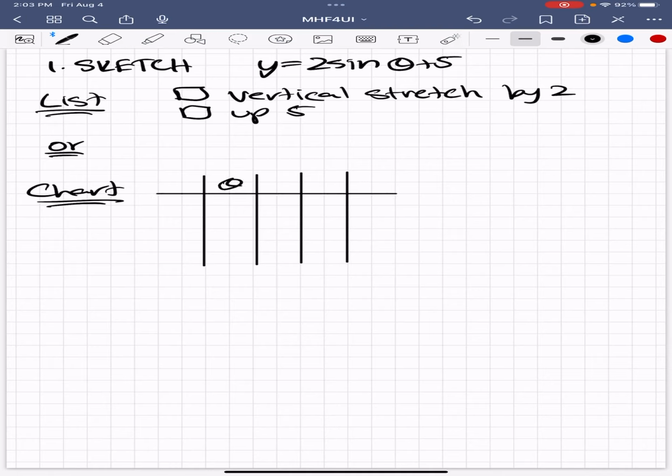We have theta, we have sine theta, or y, and then we have times 2 plus 5. So we have 0, pi over 2, pi, 3 pi over 2, or 2 pi. 0, 1, 0, negative 1, 0.